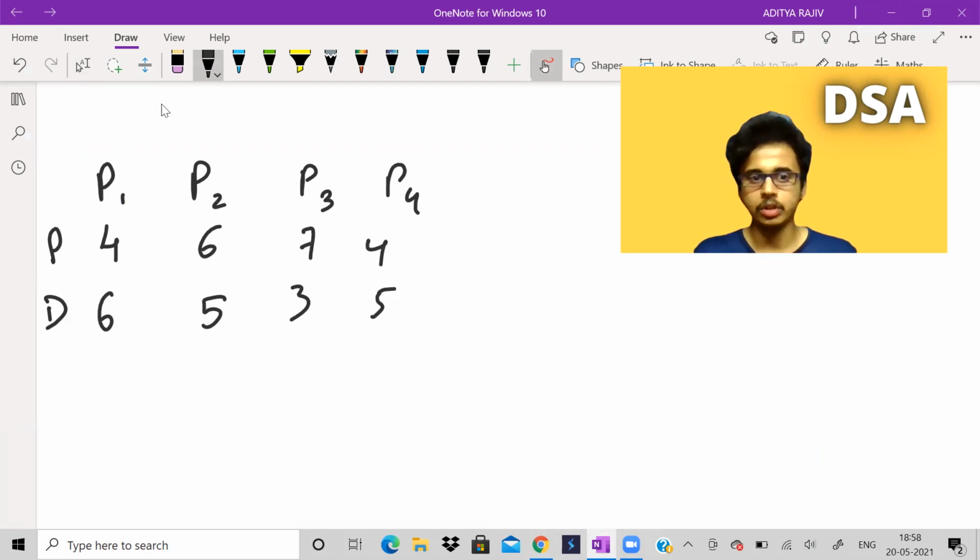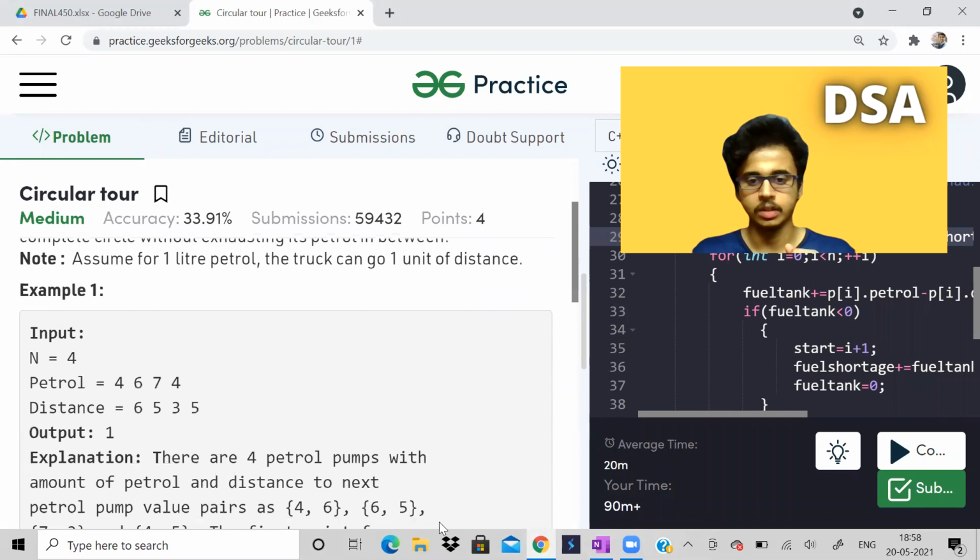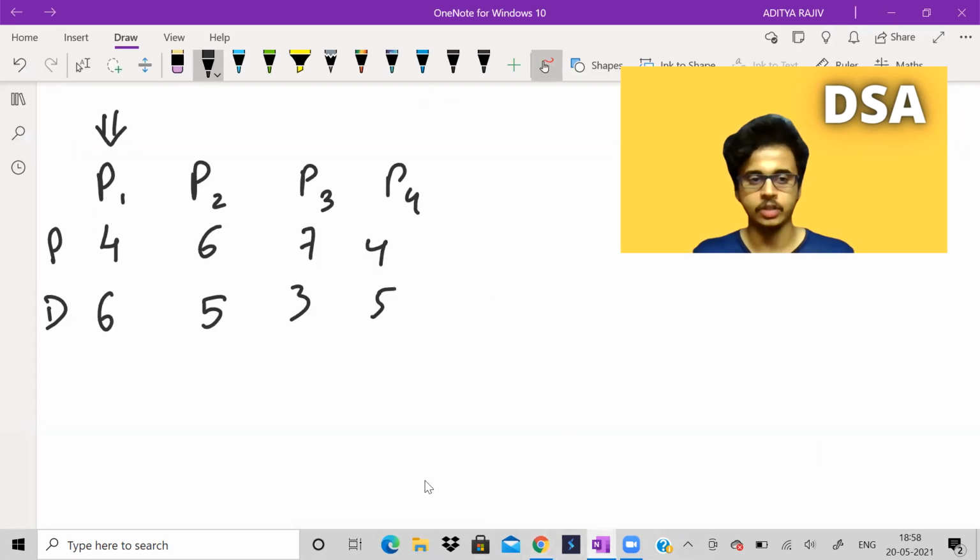So suppose we start from the first petrol pump. Over here, indexing is 0 based, so I should write petrol pump 0, petrol pump 1, and so on. Suppose we start over here.